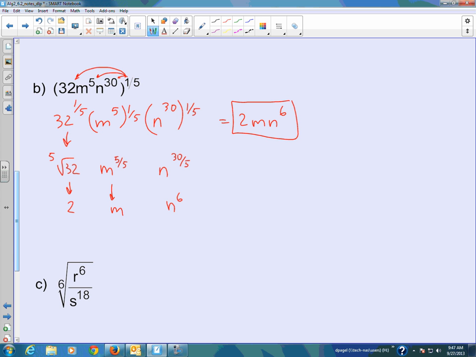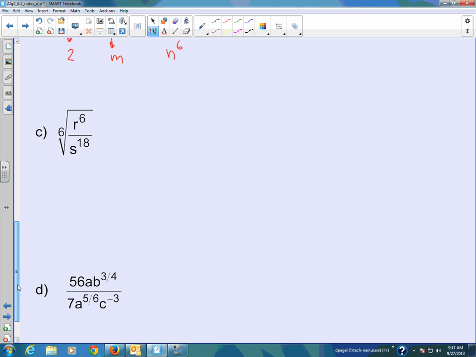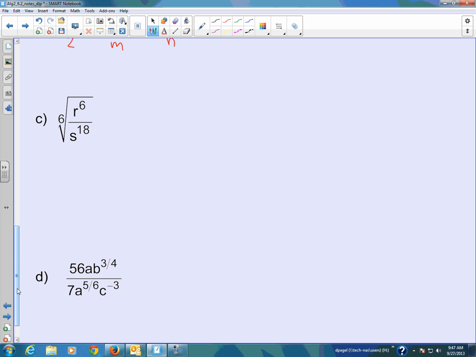So you're going to just break it up into pieces like this. Next, the 6th root of r to the 6th over s to the 18th. Because r and s are different bases, I can't do anything with these powers. So what we can do then is just work with our radicals on the top and the bottom individually. So we separate it into 2 6th roots. Now we work them individually.